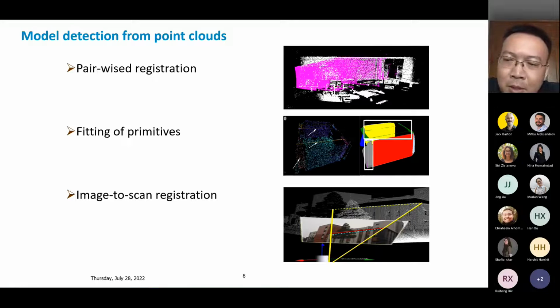The model can be the transformation parameters between two scans, and also the geometric model for a specific feature like a plane, cylinder, sphere, and also the transformation parameters between 2D imaging and 3D scans. So all the models we can detect from the point clouds with the raw point coordinates. Next.